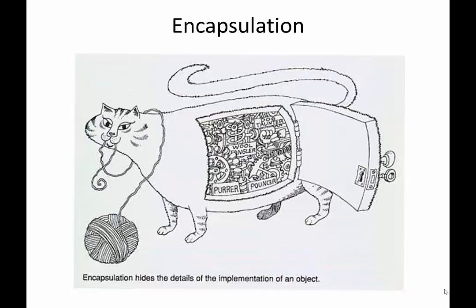But we don't need to know how the cat operates inside for us to get it to purr. We just stroke it, in theory, to get it to purr. We pull the wool to get it to do the wool wrangling method. So you interact with the outside of the object without needing to know what's going on inside it. That's the idea of encapsulation.